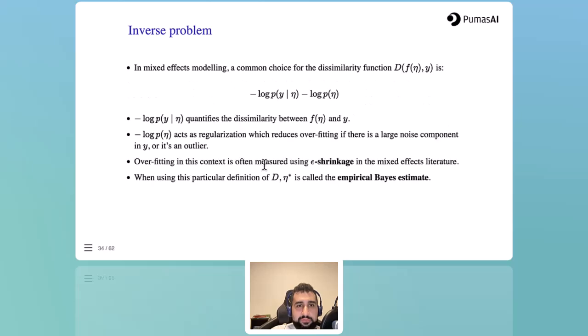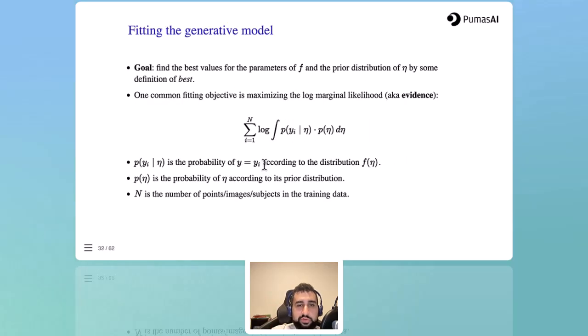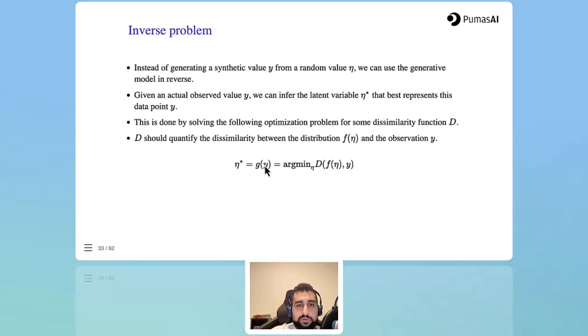So I may have given you the impression that we first fit the model and then we solve the inverse problem, and that's quite popular as well. But in the context of deep learning, or generative deep learning, or variational autoencoders in particular, often we can do these simultaneously.